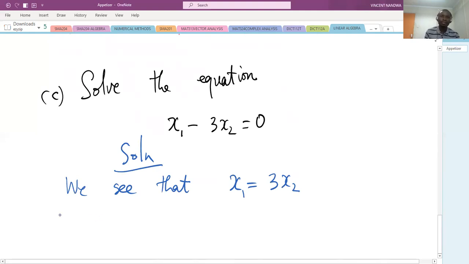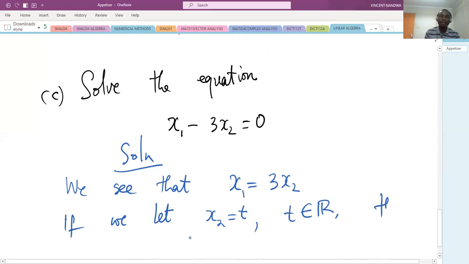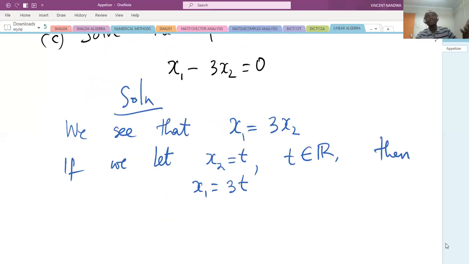If we let x2 be t, where t is any real number, then x1 is 3t. Any value of t you pick, you put into this equation and get the value of x1. And so there are infinitely many of them.